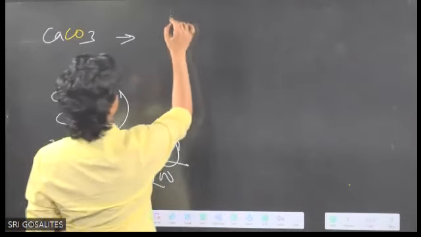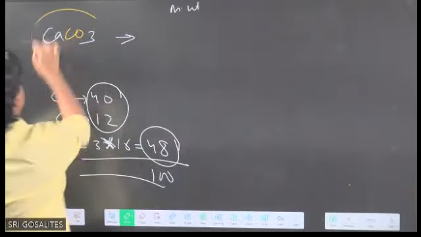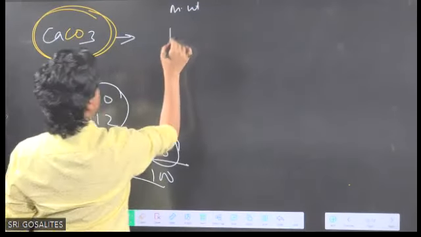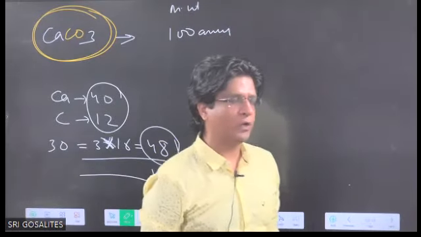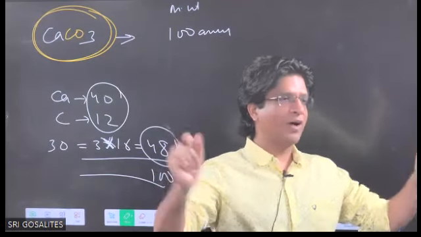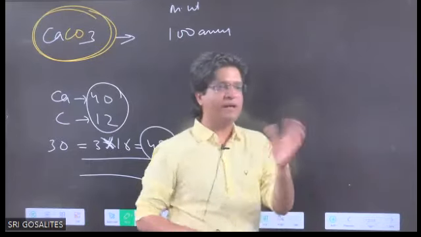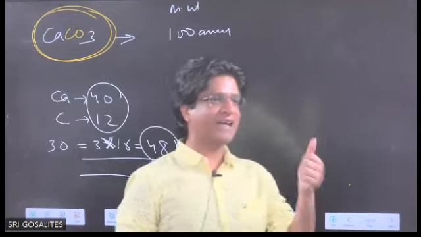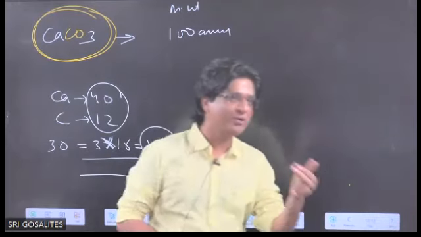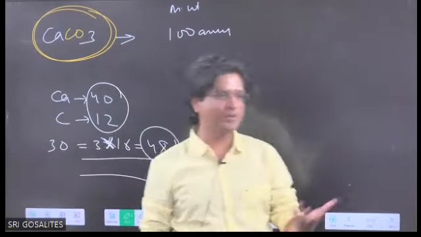So if I take molecular weight, that means only of 1 molecule of calcium carbonate, it will be 100 AMU. AMU is the unit of measurement of microparticles, subatomic particles like electron, proton, neutron, atoms, molecules, ions.